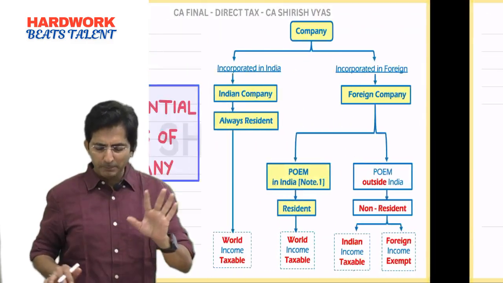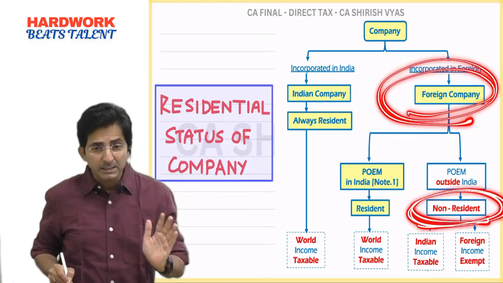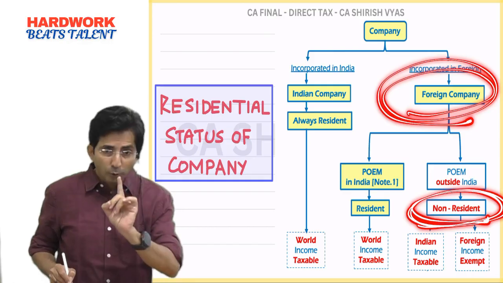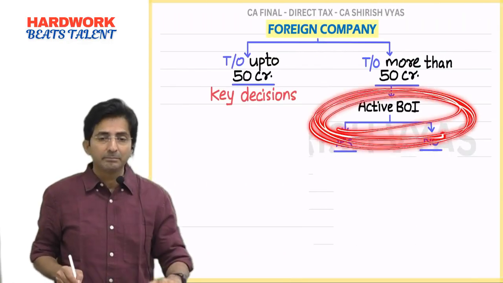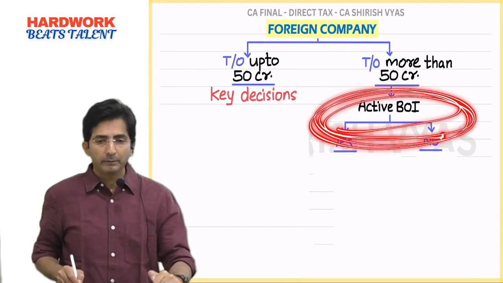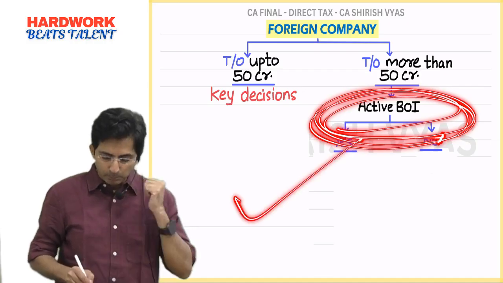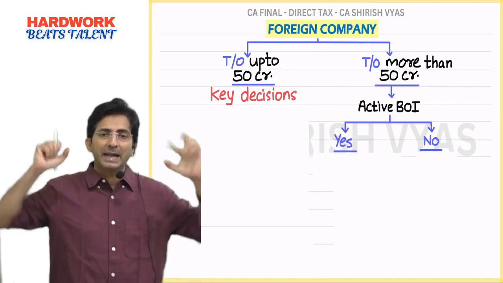See, first keep in mind, foreign companies will love being NR. And if you want to be NR, you will have to pass which exam? ABOI. What is ABOI? I will explain. This is one test. If the test is passed, foreign companies will be happy. Yes, we will become NR.